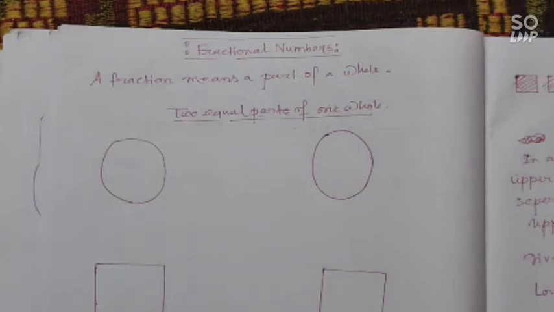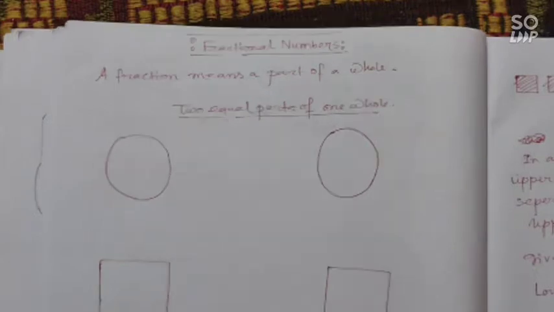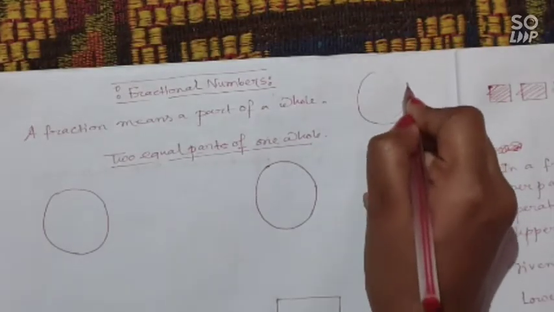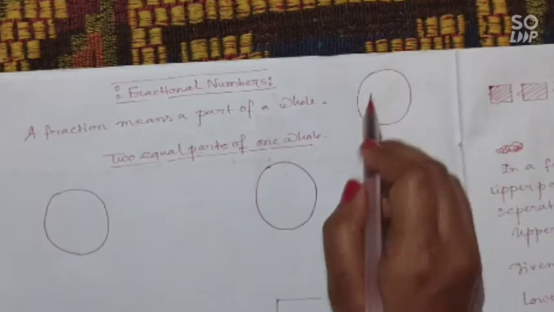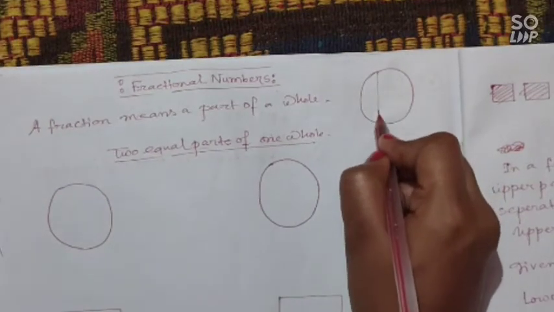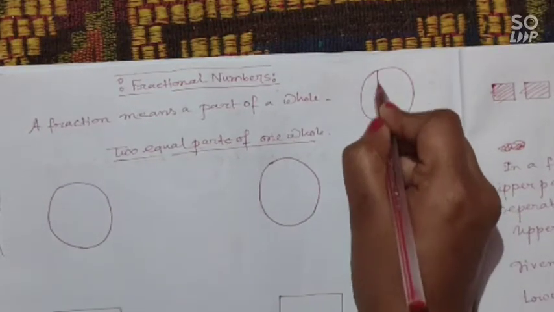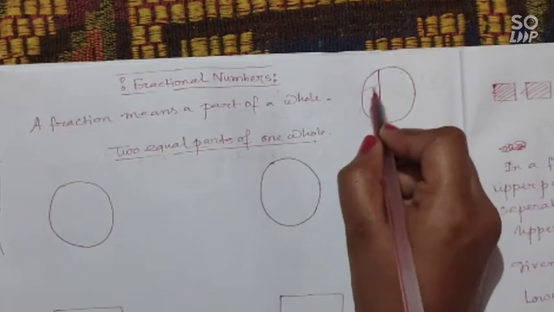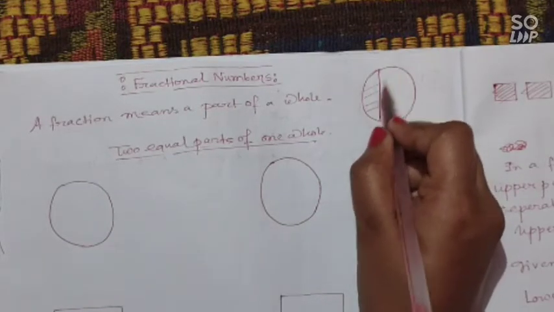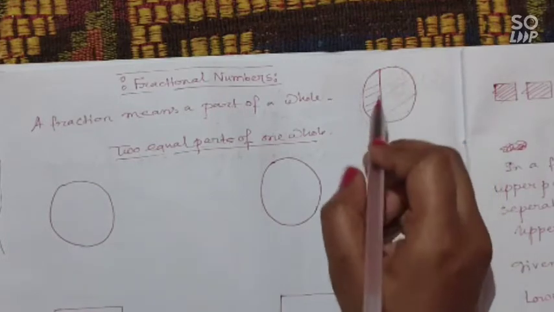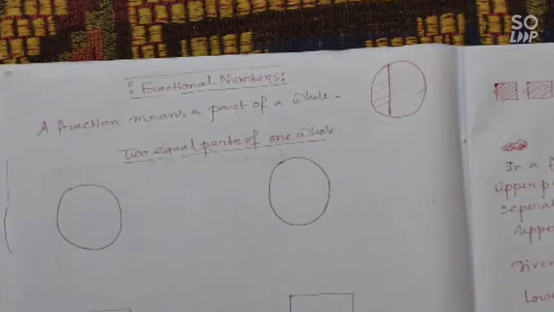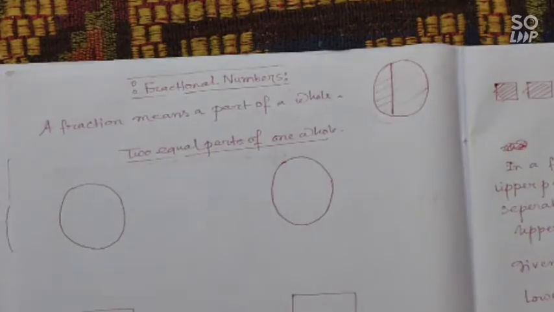If I take an object, this is one whole. So if I take one part of this whole object, then this part or this part, okay, so a fraction represents one part of a whole.